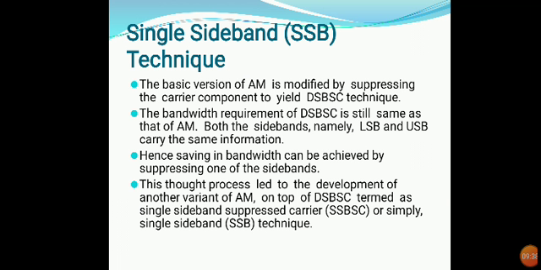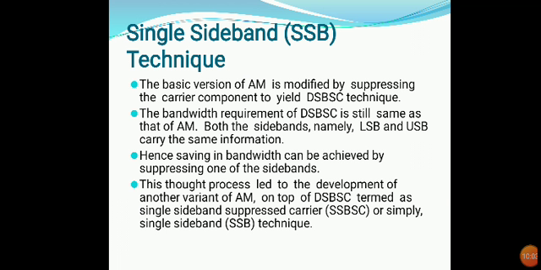Now, if the carrier is suppressed, then whatever remains is called double sideband suppressed carrier. But if you look at the equation and if you know the property of the sidebands, you will understand that both sidebands are identical. It means the amplitude of the upper sideband is the same as the lower sideband.